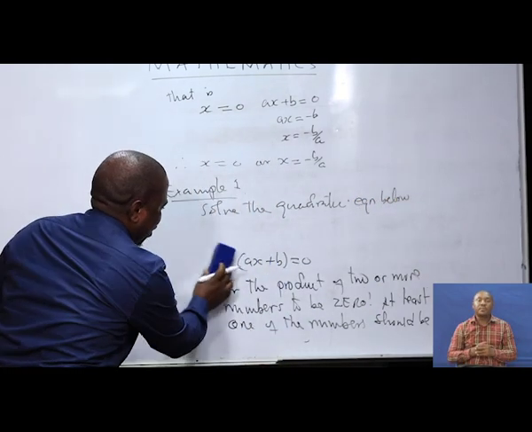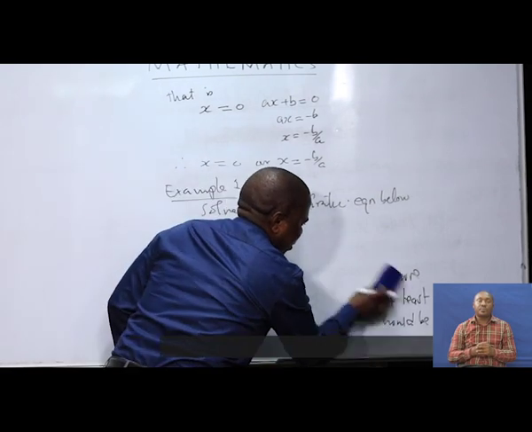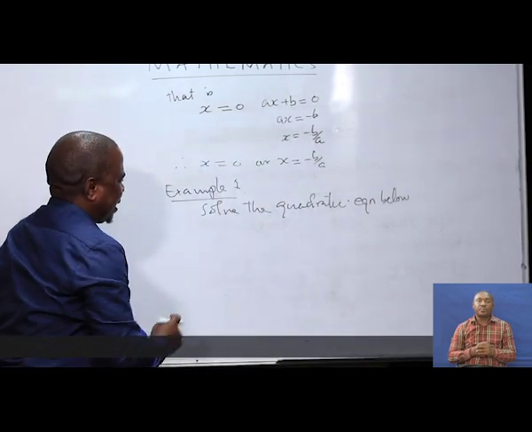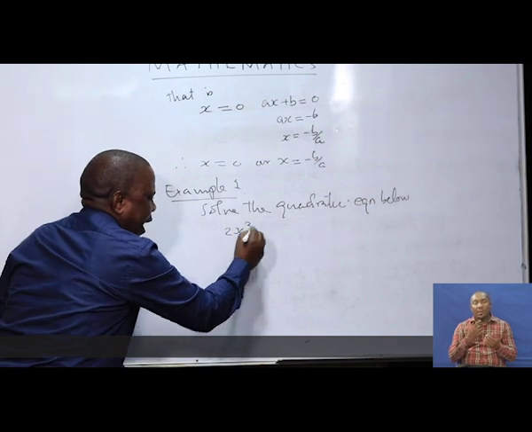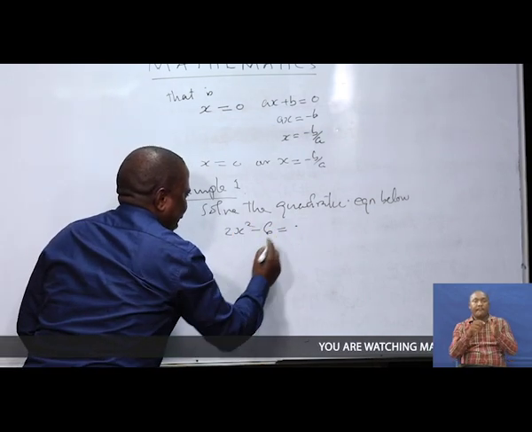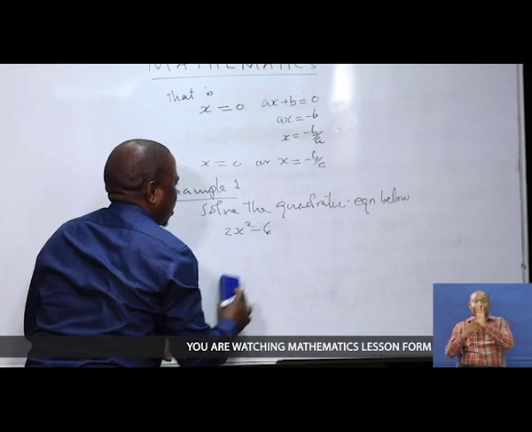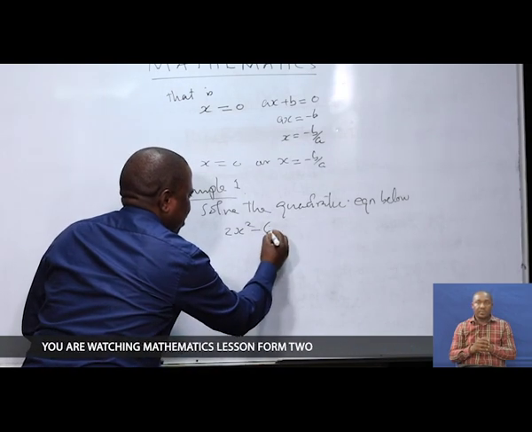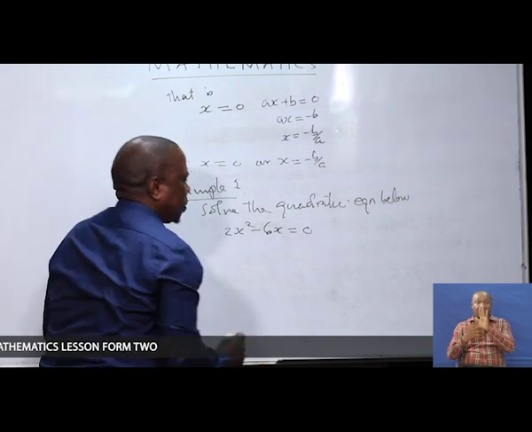Solve the quadratic equation below. Let's say you have 2x squared minus 6x is equal to 0.